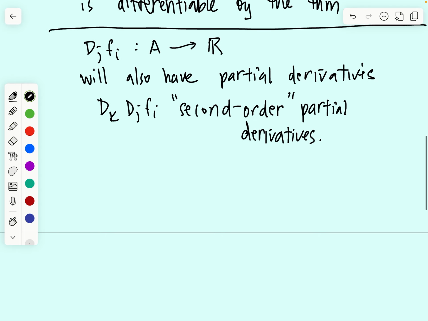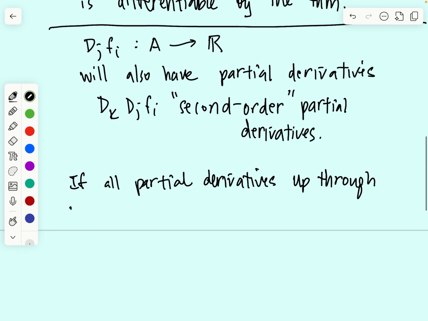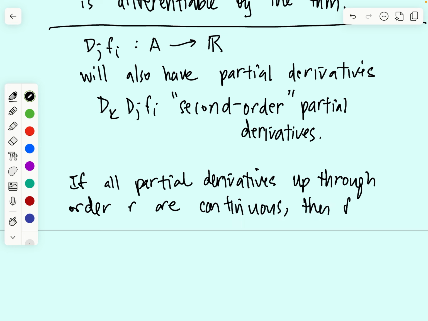So if all partial derivatives up through order r are continuous, then f is called of class C^r.